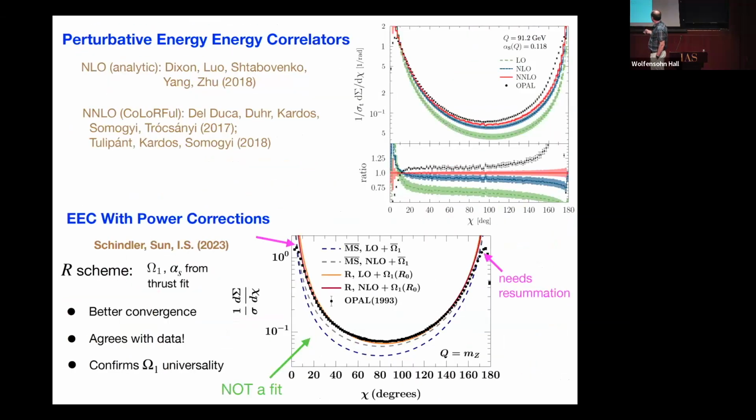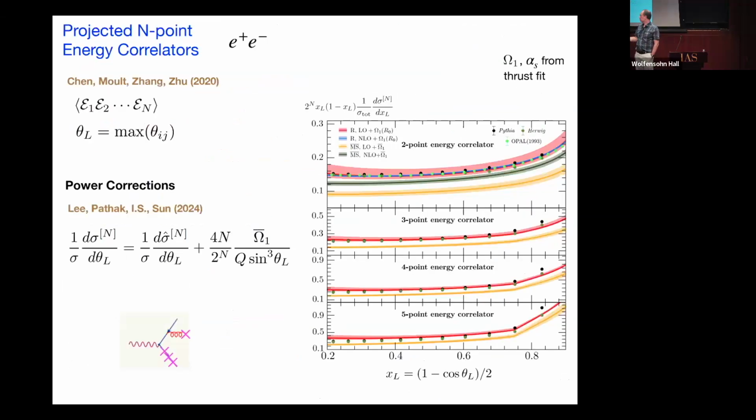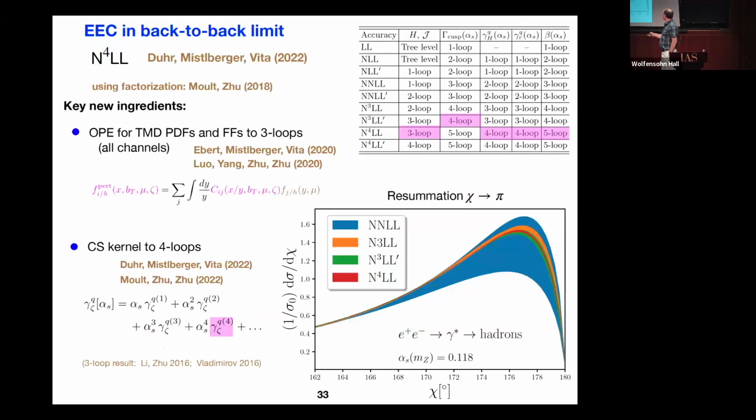You also need resummation on the large angle side, and that has been done up to N4LL by Dürr, Mistelberger, and Vita, again using a factorization theorem and combining all sorts of perturbative ingredients, including 3-loop hard and jet functions, the 4-loop cusp anomalous dimension, 4-loop anomalous dimensions, and the 5-loop beta function.